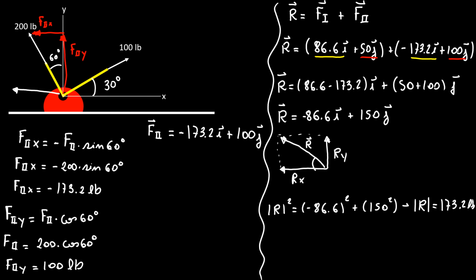And my direction, I'm gonna call here theta. The tangent of theta is equal to Ry over Rx, so the tangent of theta is equal to 1.73, and the arctangent of this gives theta equal to 60 degrees. This is our first exercise.